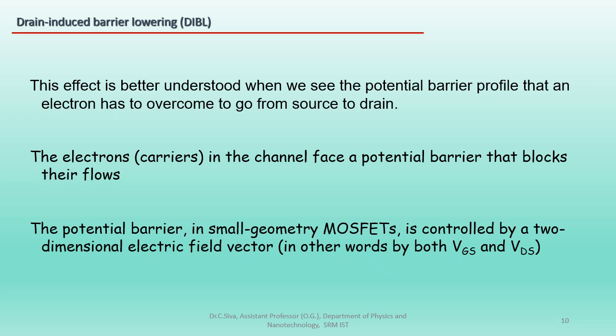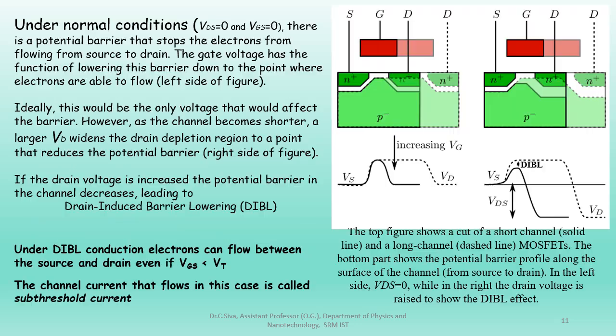In short channel, the drain voltage lowers the potential barrier between source and the drain. So this is actually the short channel. Now it is getting lowered here. Notice, it is getting lowered this way.